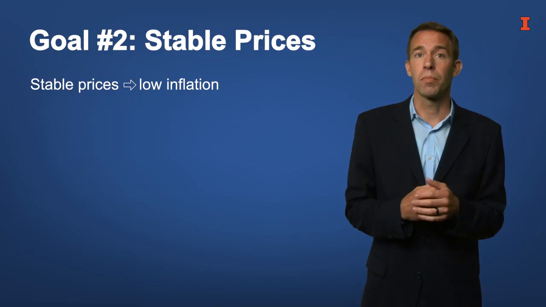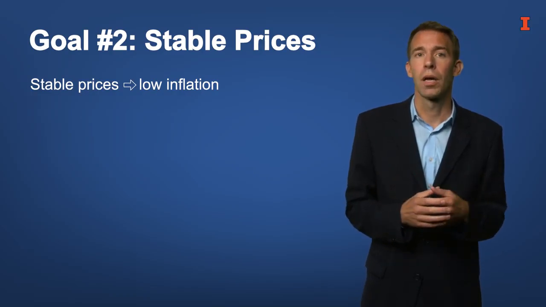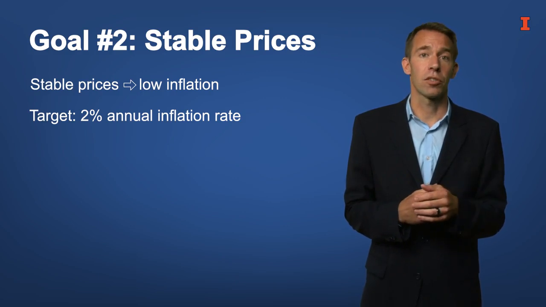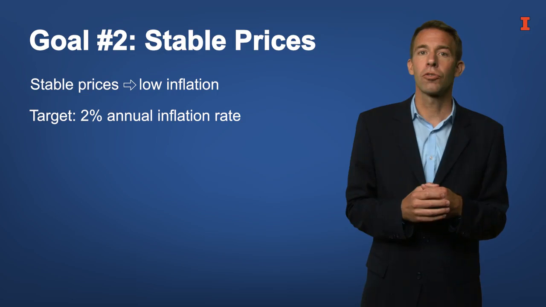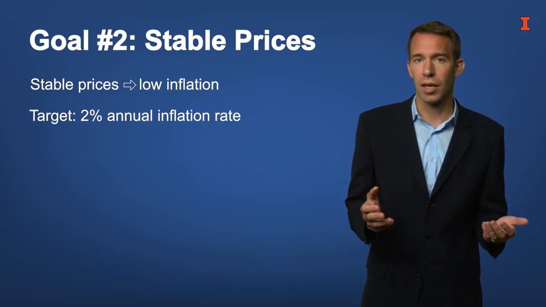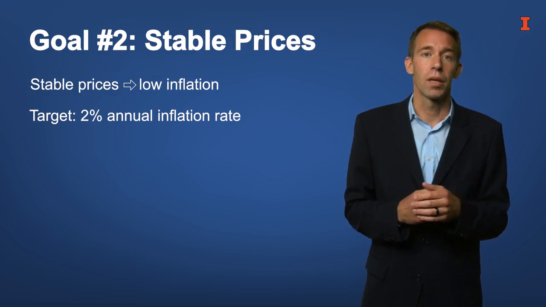Stable prices mean a low inflation rate. But how low? Academics such as John Taylor have suggested that central banks should use a 2% target. The Federal Reserve seems to agree.